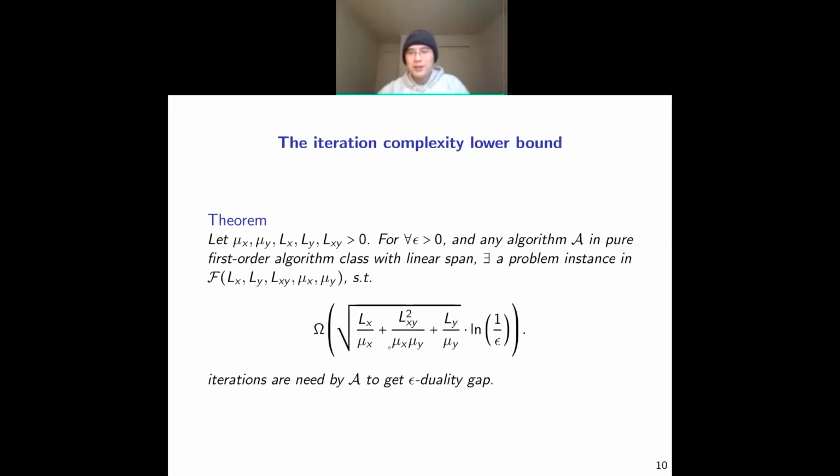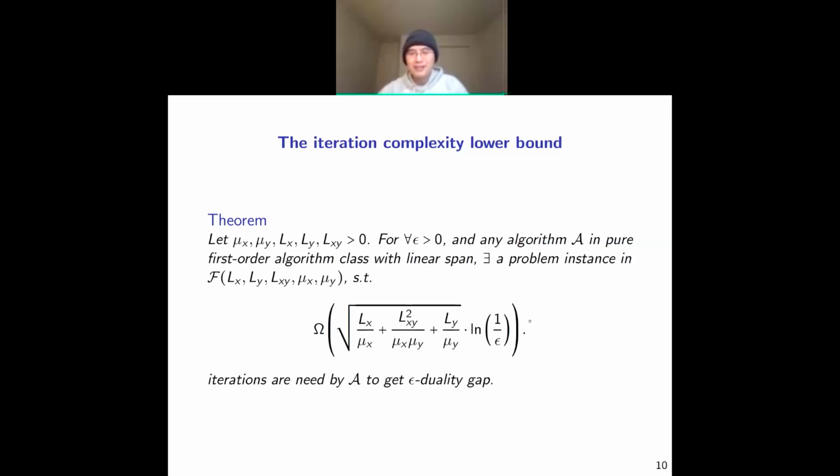The lower bound is still the same because our worst-case instance is a bilinear coupling case. Well, it is actually a quadratic minimax problem. Okay, I see. So even if your coupling term is bilinear, the lower bound holds. Yeah. But when the coupling is bilinear, you can have some other algorithm class that achieves better lower bounds, and that is tight. That is exactly what I'm going to talk about later.